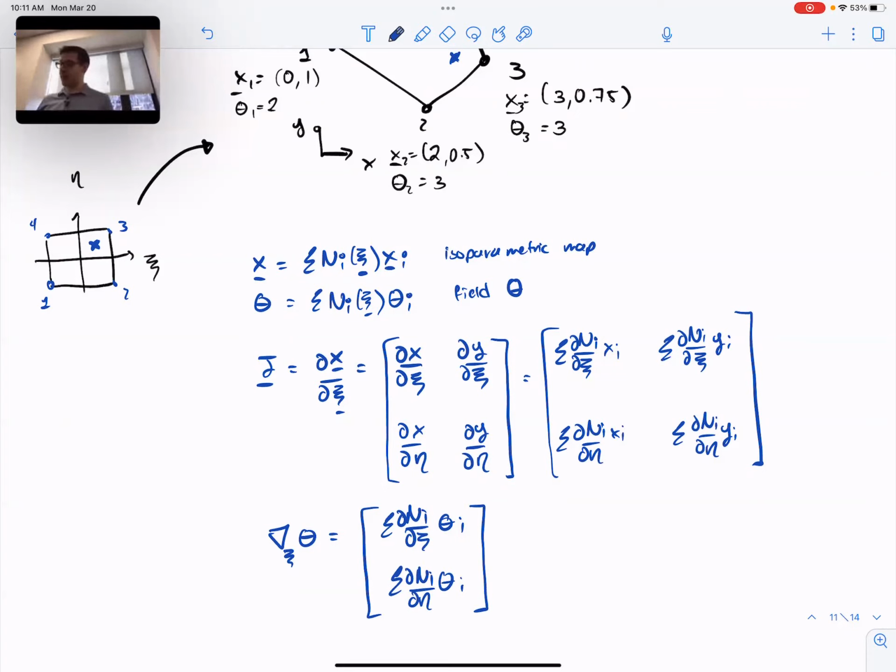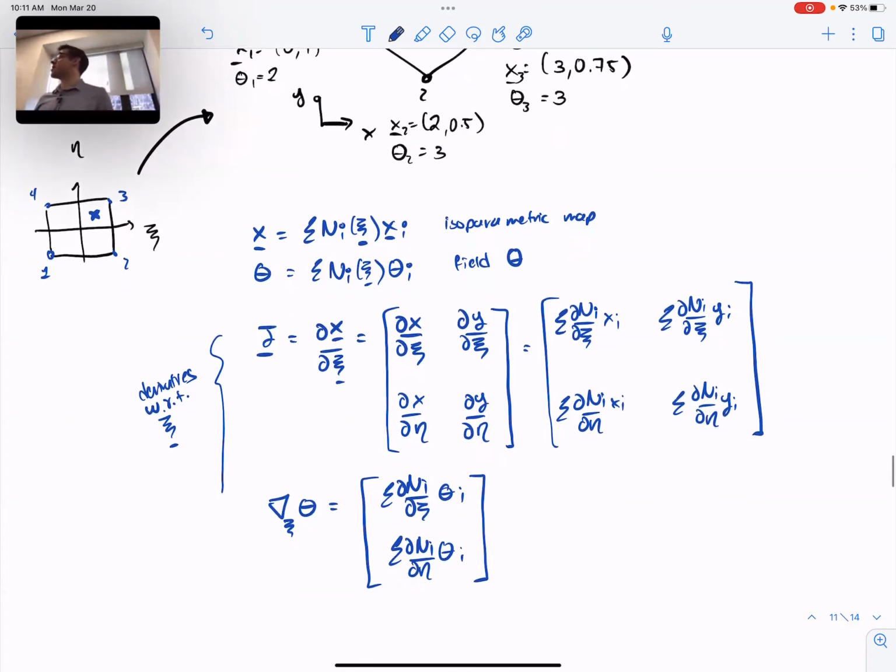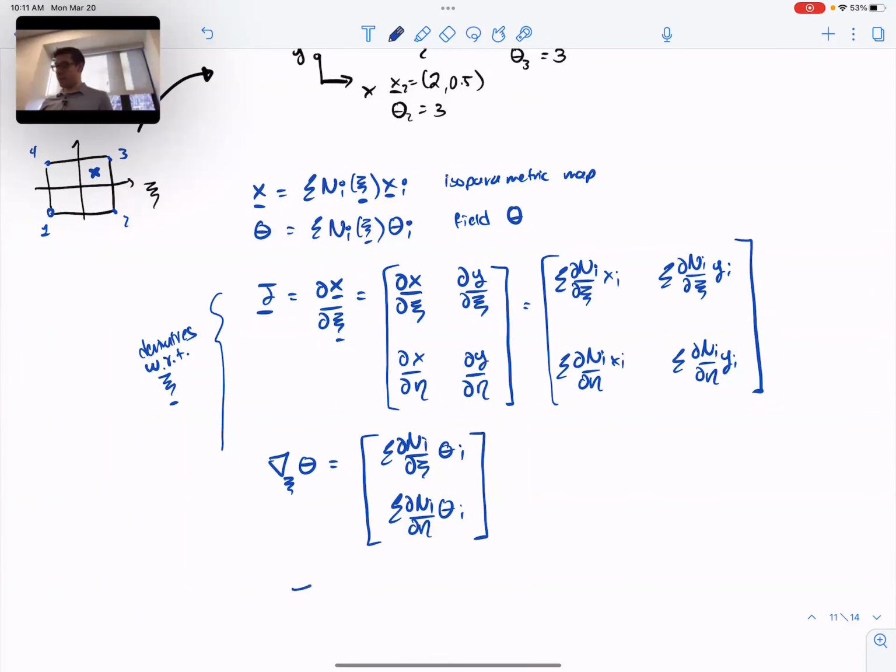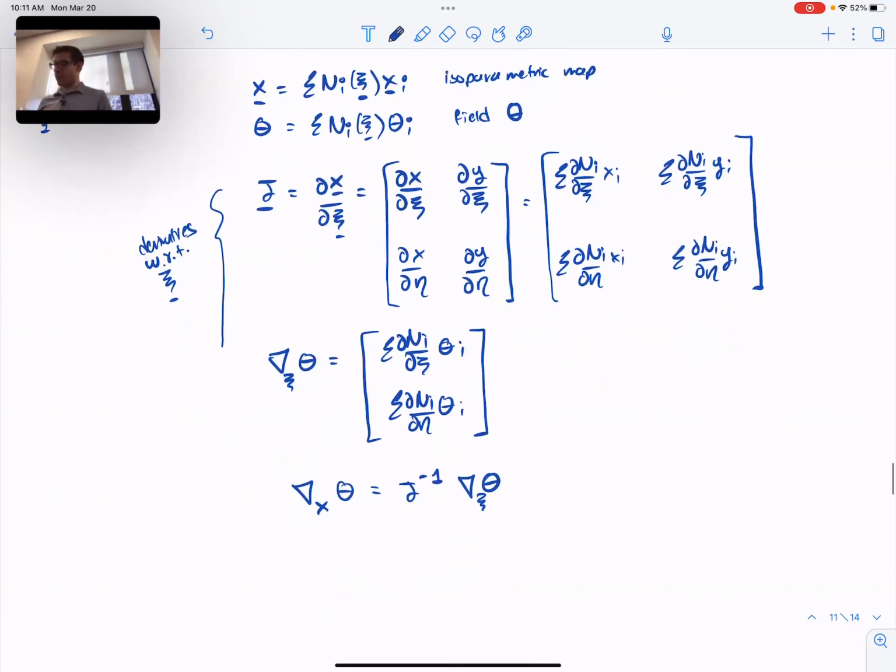Both of these are derivatives with respect to psi. So if you want to take gradients with respect to x of any function, for example, theta or any other function, all you have to do is multiply by the inverse of the Jacobian. It also works for the shape function.